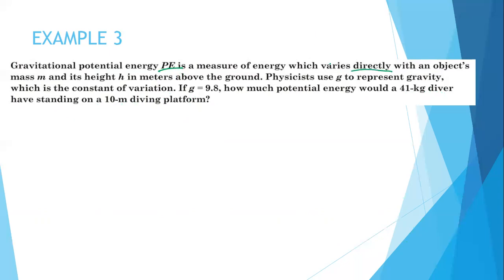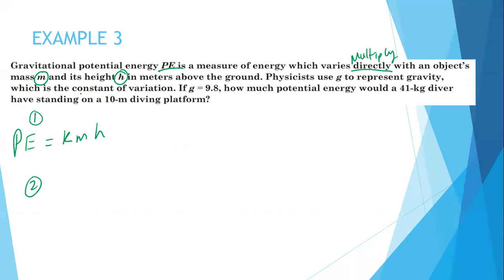Okay, so reading all of this, we have PE varies directly. And what does directly tell us again? Multiply. With an object's mass m and its height h. So PE equals our constant times m times h. Okay, so that's step 1. Step 2 is to find our K value. Well, they tell us our K value.